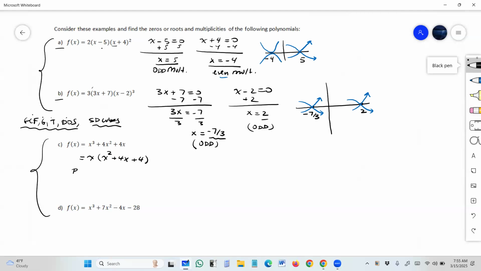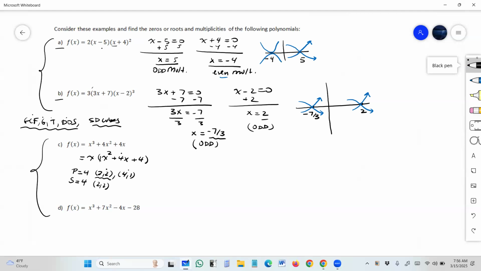I need to find two numbers whose product is, this is the AC method, 1 times 4, and the sum is equal to b, which is also 4. So the two choices for the product are either 2 and 2 or 4 and 1, and the only pair that can give me a sum of 4 is 2 and 2.